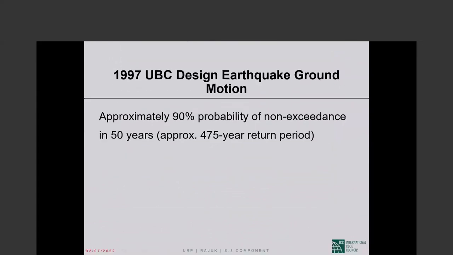Okay. Now, this I just said kind of in passing. So the 1997 Uniform Building Code was the last edition of the UBC. And the UBC tends to be important because, for seismic design, that was the dominant model code in the United States.